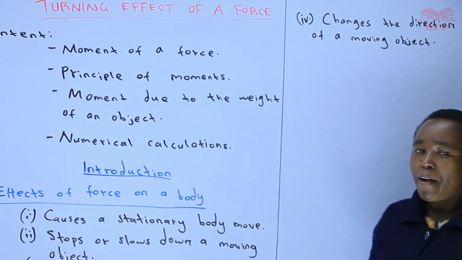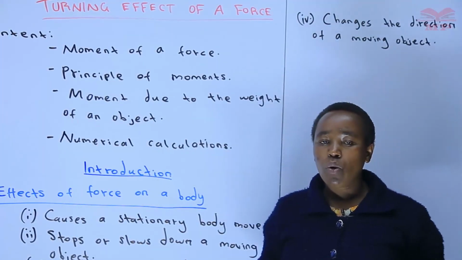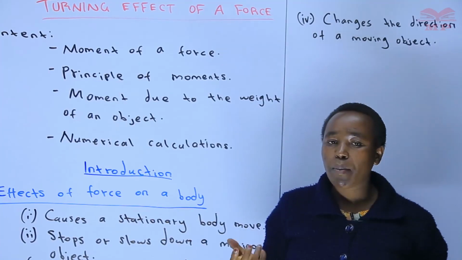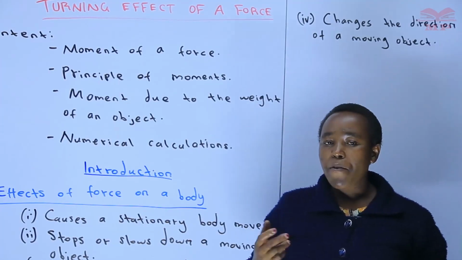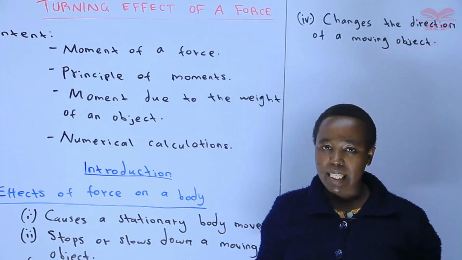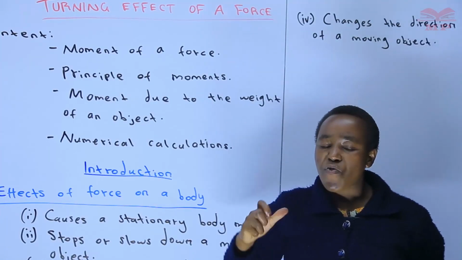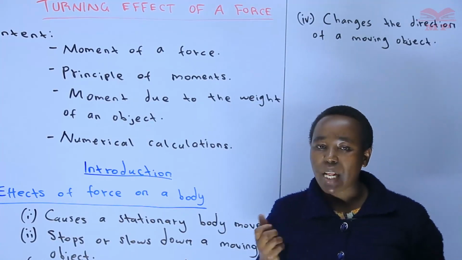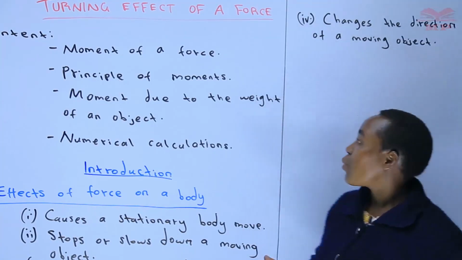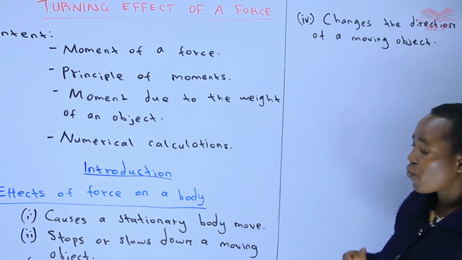Again, if you apply force, let's say to plasticine, what we call the modeling clay, when you apply force on a plasticine, it is going to deform or the shape will change. And we can also say it's also an effect of force on a body.